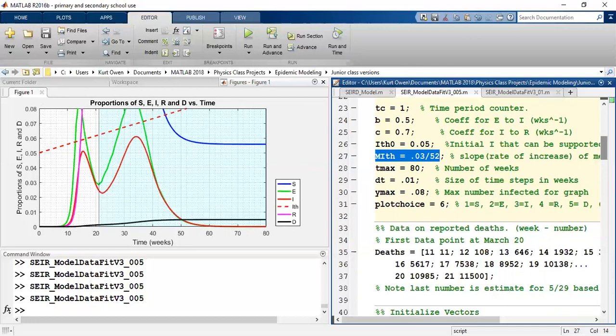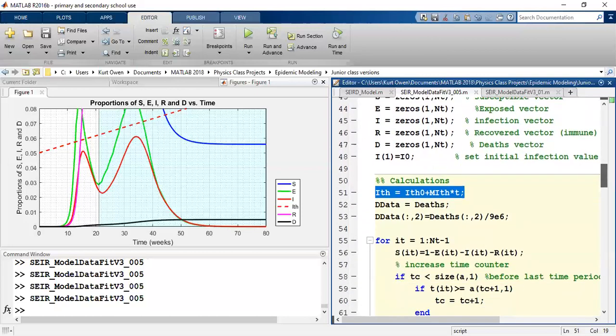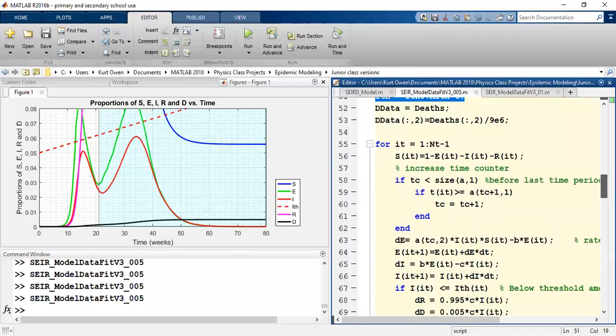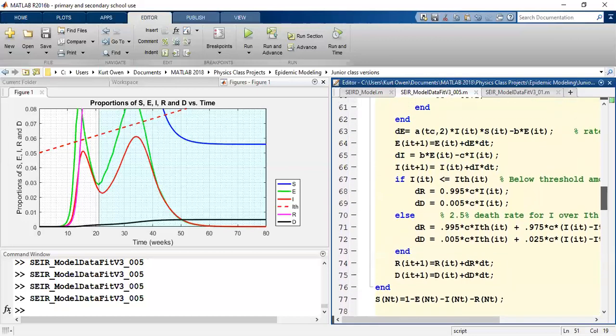And then right in the beginning of the calculation section, I create the line for I threshold at every single time value. Okay, so we're counting time in hundreds of weeks. So we have a new threshold value for all of them. And then later on in the code, we can see right here in this if statement, if the infection is below the threshold amount, better things happen than if the else is if we crash the system.